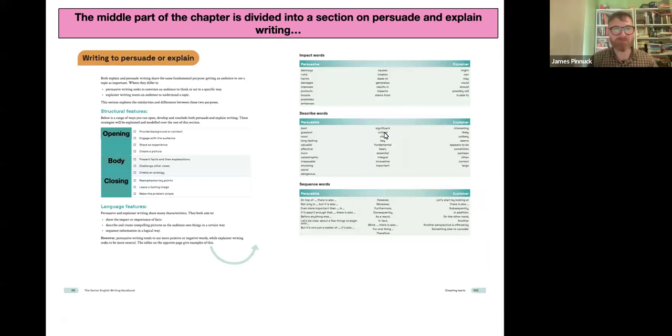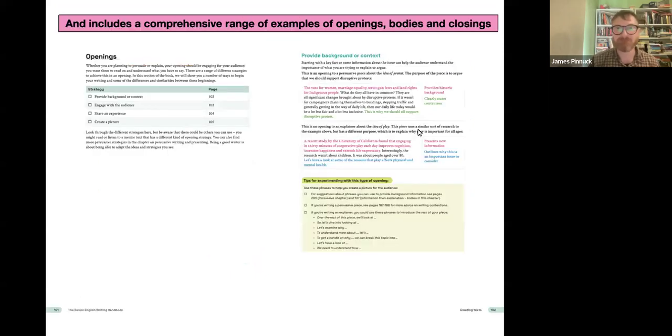The middle part of the chapter is the biggest part. That's where there is a section which is essentially a mini unit on persuade and explain writing. It begins by pointing out similarities and differences between these two types of writing, and then gives a range of examples of openings just for persuade and explain writing, and then bodies, and closings just for persuade and explain writing.